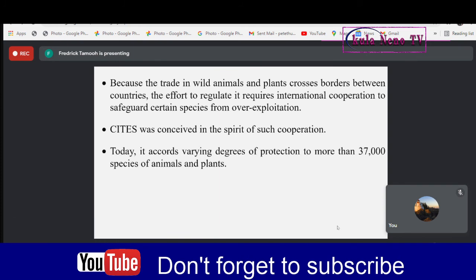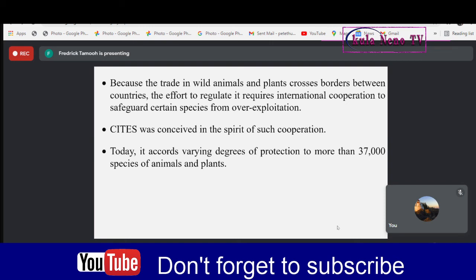As of today, CITES accords varying degrees of protection to more than 37,000 species. When you compare that to the IUCN, you can see that the IUCN is the best in terms of protecting species.